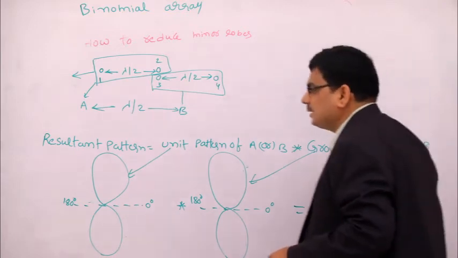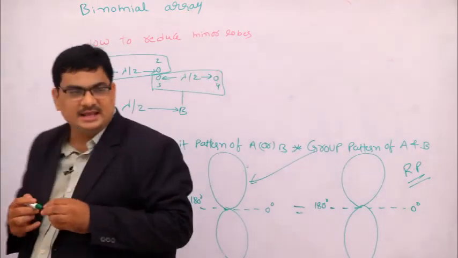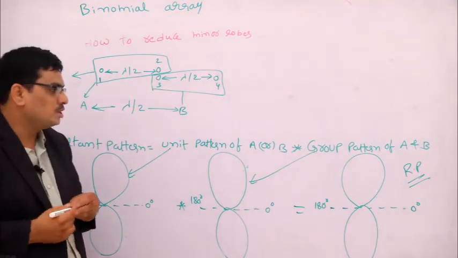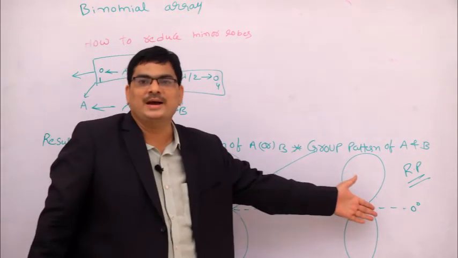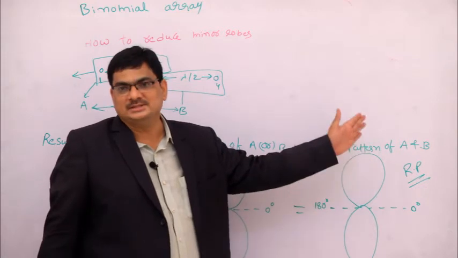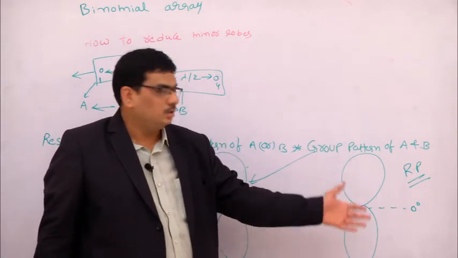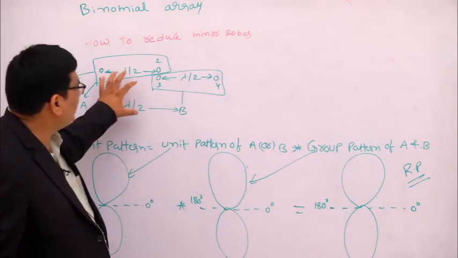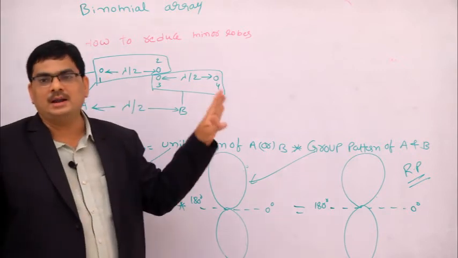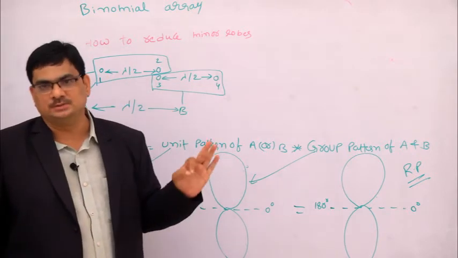In this resultant pattern, if you are looking for any minor lobes, there are no minor lobes, only major lobes are there. So with this arrangement, we can reduce our minor lobes.